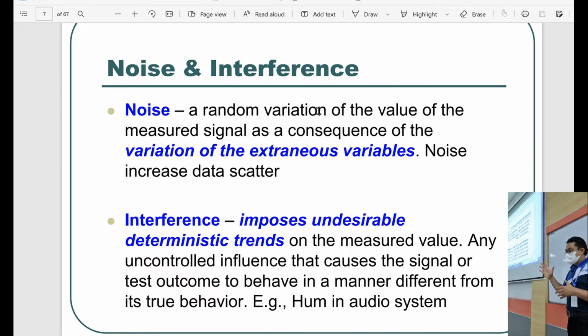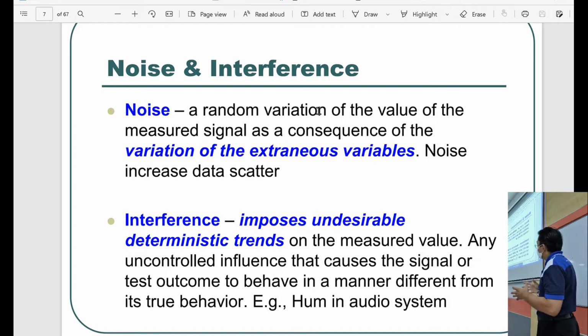Then this is quite an important part of the measurement process: we need to acknowledge the existence of noise and interference. Noise, like I said, usually refers to the effect of extraneous variables. It causes the data to scatter.